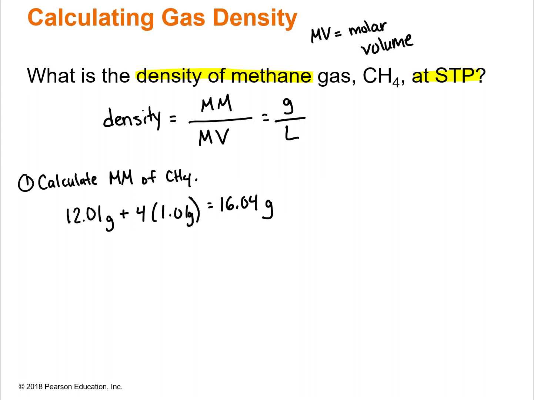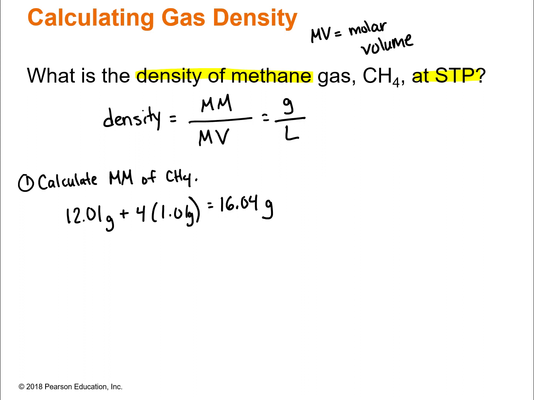The molar volume is always going to be 22.4 in this type of question. Now, if we were given a certain volume, then it would be a little bit trickier. And we'll do a problem like that, but not here. You have to come to class for that. But when you have the blanket, what is the density of this gas at STP?